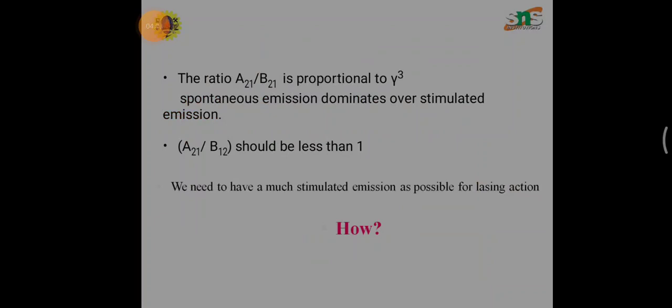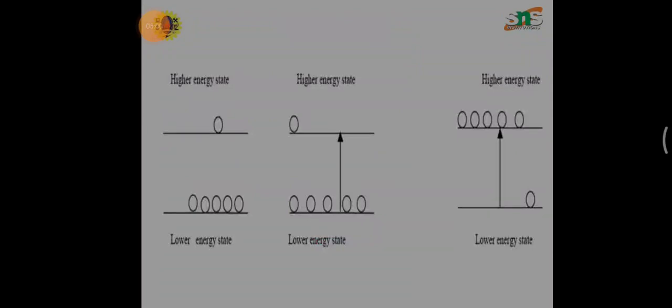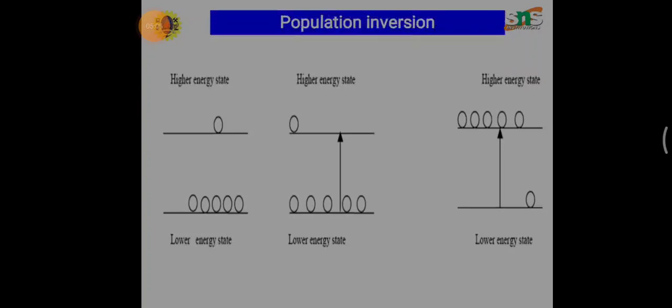So A21 divided by B21 should be less than 1. We need as much stimulated emission as possible for laser action, because this is a higher energy state and this is a lower energy state, and this is a population inversion.